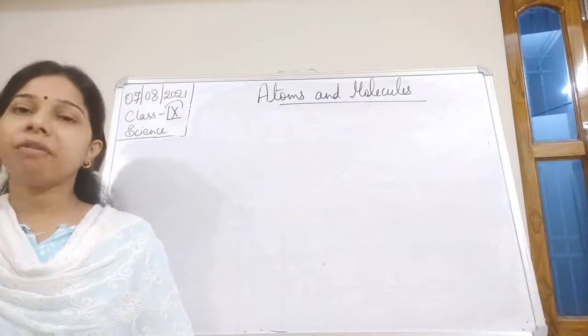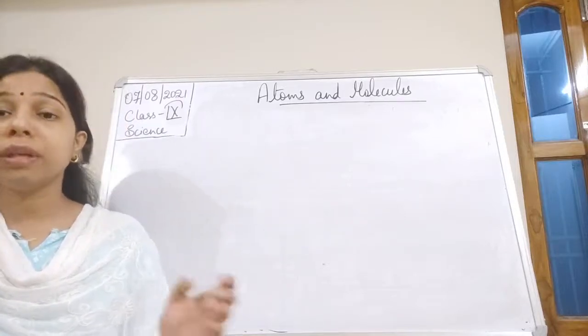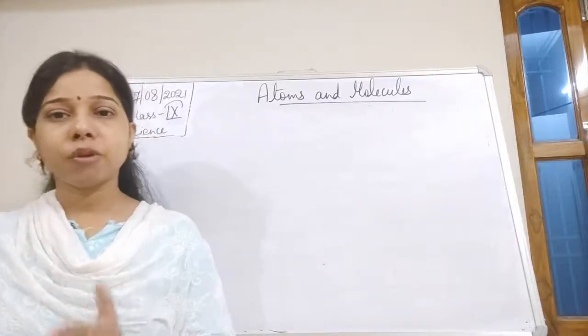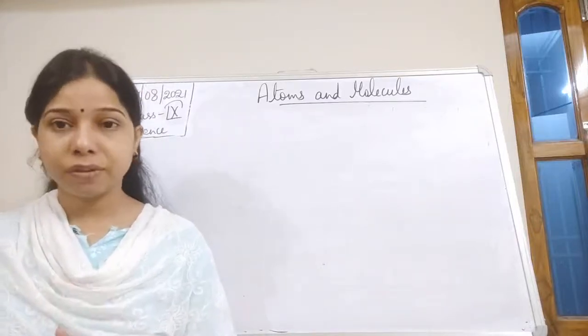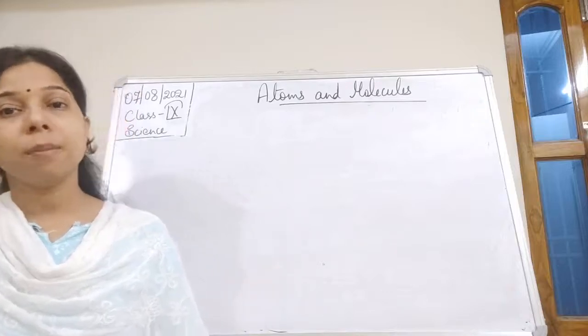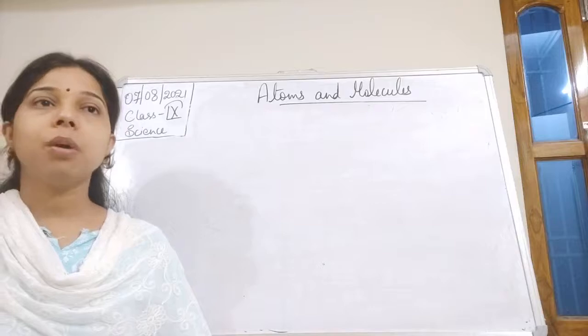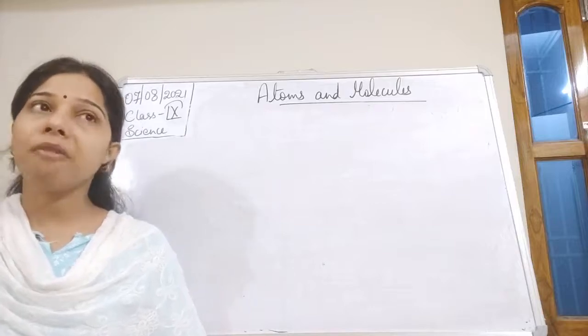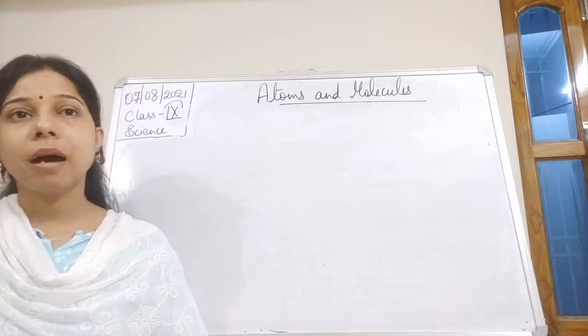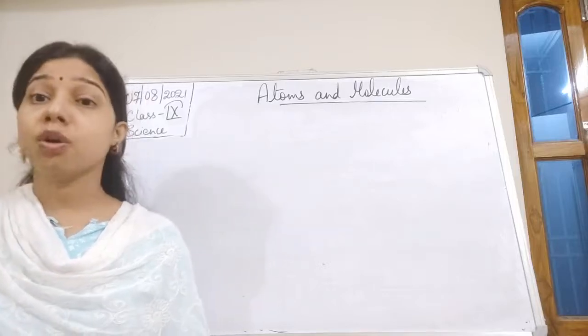Now, this law of chemical combination is also divided into two, in which the first one is the law of conservation of mass and the second one is the law of constant proportion. Talking about the law of conservation of mass, student, we have seen that mass can neither be created nor destroyed.